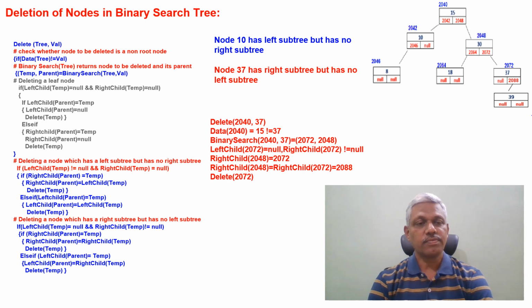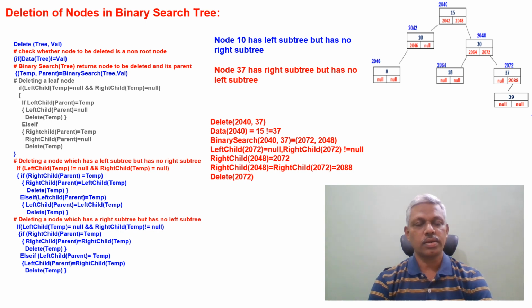Here there are two cases: left child of temp not equal to null and right child of temp equal to null is not the case. The other one is left child of temp equal to null and right child of temp not equal to null. So the node has a right subtree. In this case, if right child of parent is equal to temp, this 37 is the right child of 30, so the case is true.